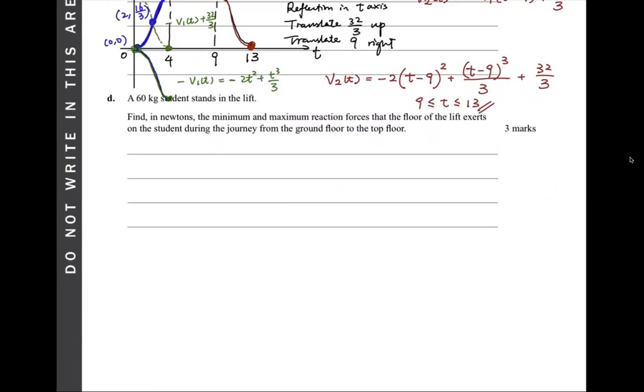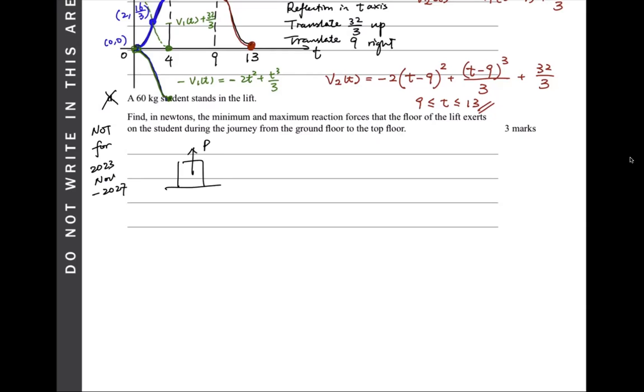All right. Part D. Part D is actually a very interesting case, but it's no longer relevant, not for 2023 November to 2027. So not for the current study design, because it's involving some sort of a lift problem.